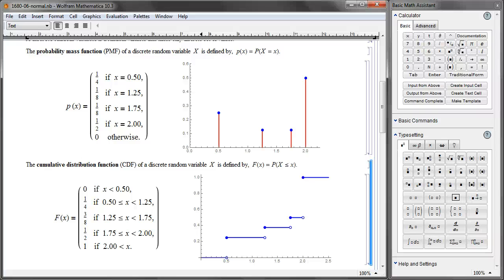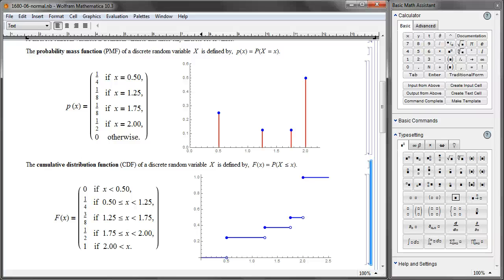What are the relations? Well, as you can see, the PMF consists of a bunch of x values and the probabilities associated to those. And how about the CDF? Those x values with non-zero probabilities in the PMF are also the breaking points, the discontinuity values, of this cumulative distribution function.